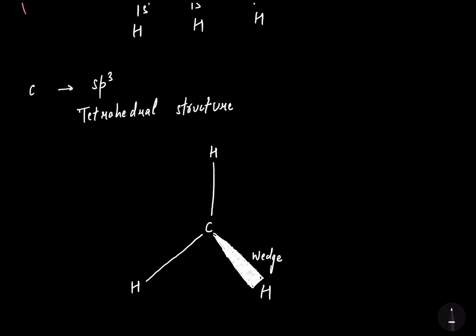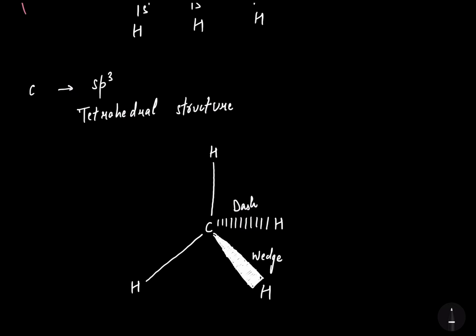And that's called dash bond. And the hydrogen over here is going inside the screen, and the remaining two bonds are on the screen. Try to understand again. The wedge bond is coming out of the screen, the dash bond is going inside the screen, and the other two bonds that have been shown by simple lines are on the screen.